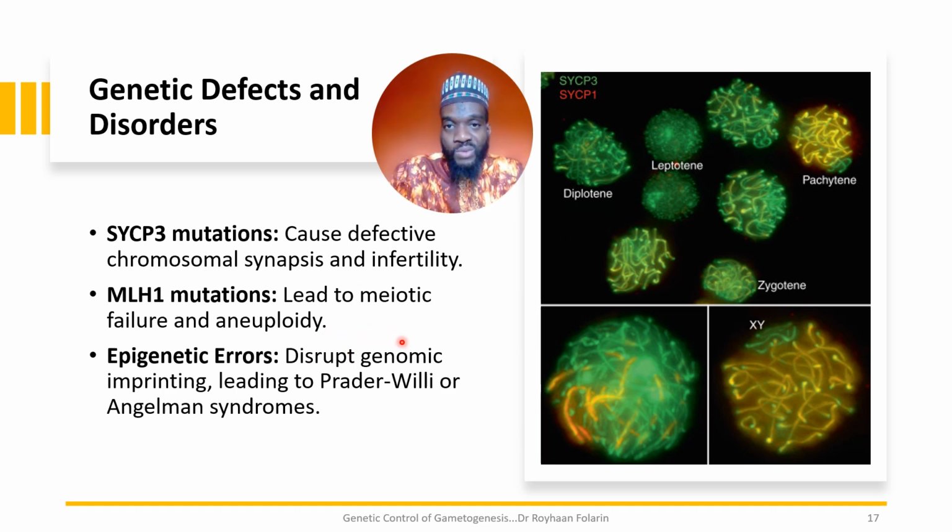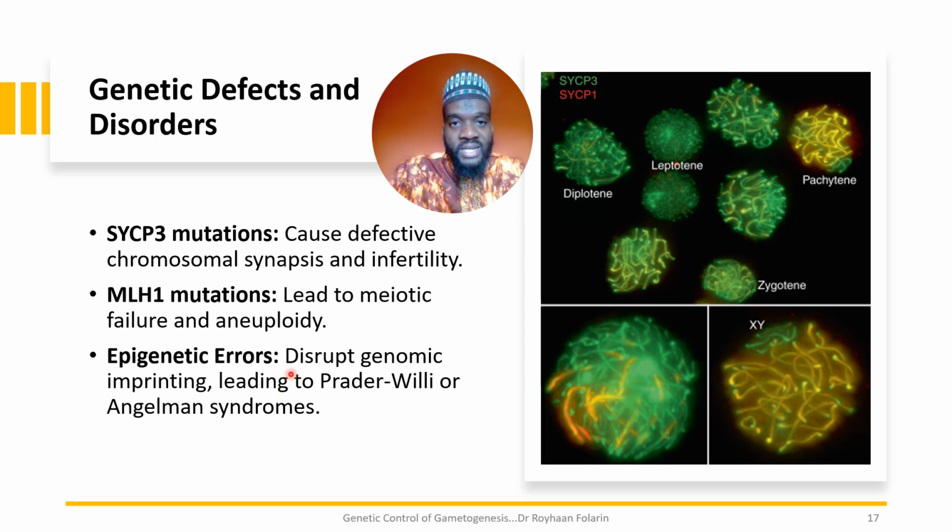For instance, Prader-Willi syndrome and Angelman syndrome are both caused by the loss of function of the same region of chromosome 15. But the effect differs depending on whether the mutation is inherited from the mother or from the father. That's why we say the parent-of-origin specific manner. Okay, that's imprinting.